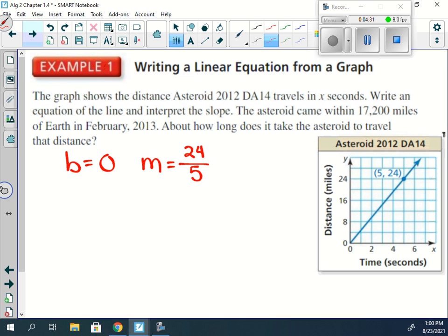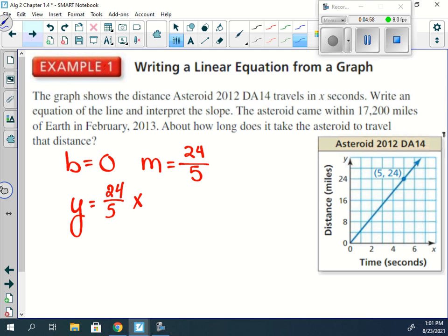Now we can plug this into our equation y equals mx plus b. Our slope would just be 24 over 5. And the value of b, well, you don't even have to include it because plus 0 doesn't add anything to the equation.